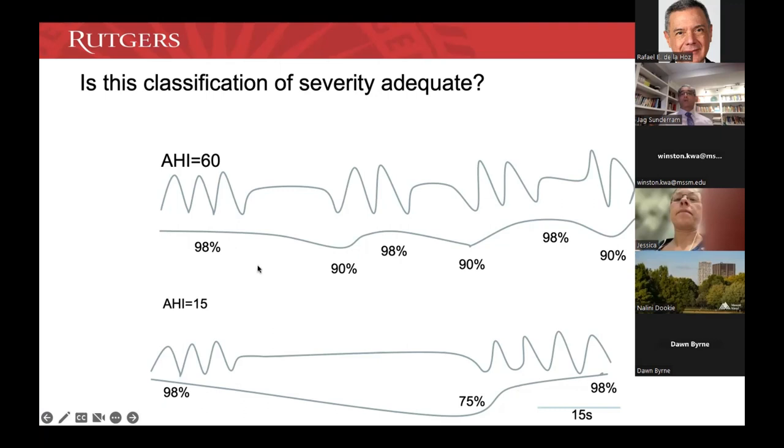And finally, both the depth and duration of these hypoxic events are not taken into account. So it may be that the AHI doesn't necessarily capture the consequences that we are concerned about. Additionally, sleep fragmentation is another aspect that may also not be captured by the AHI.